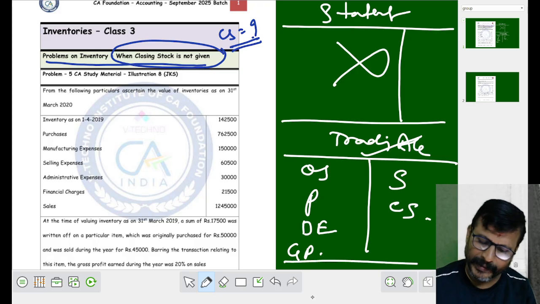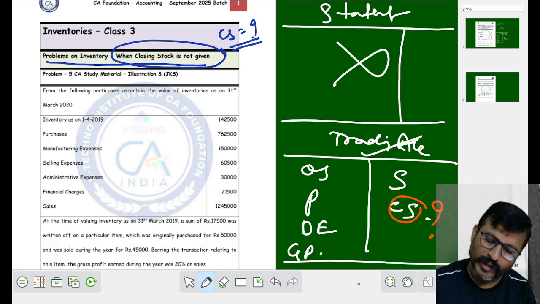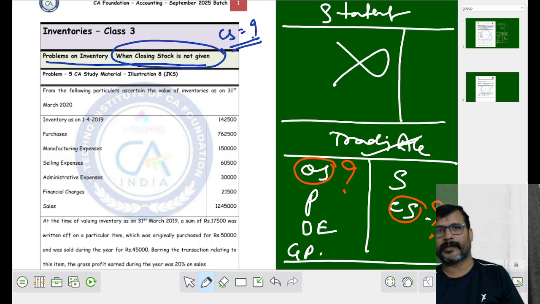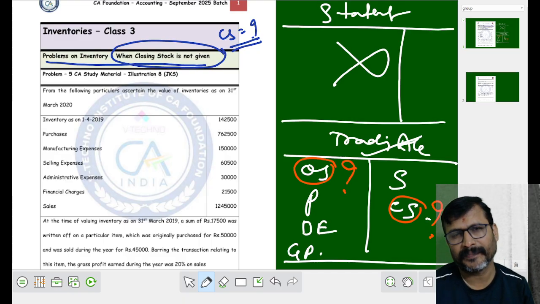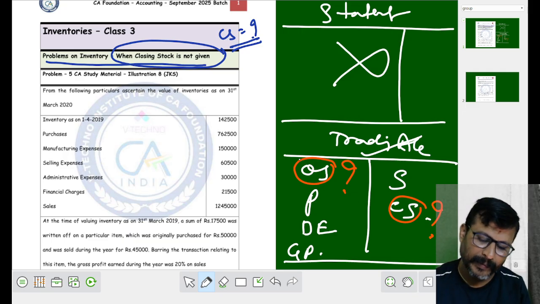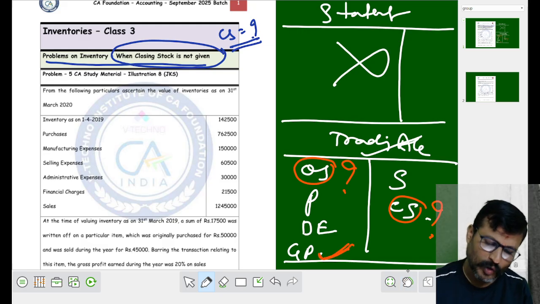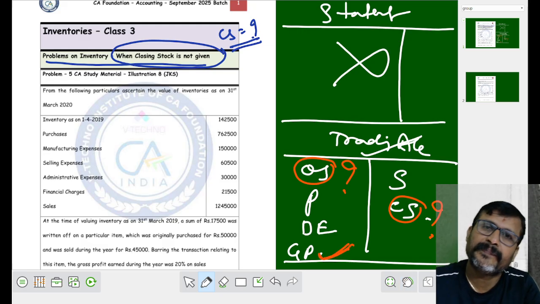In this particular method, either closing stock is question mark or else opening stock is question mark. Any one among the two is question mark. We have to work out any one among them. But what is given to you in our problem? Gross profit is given to us.